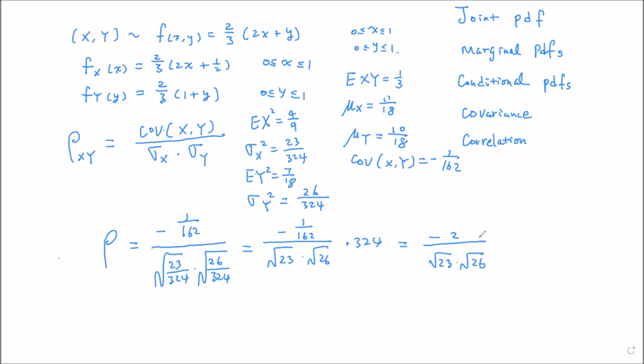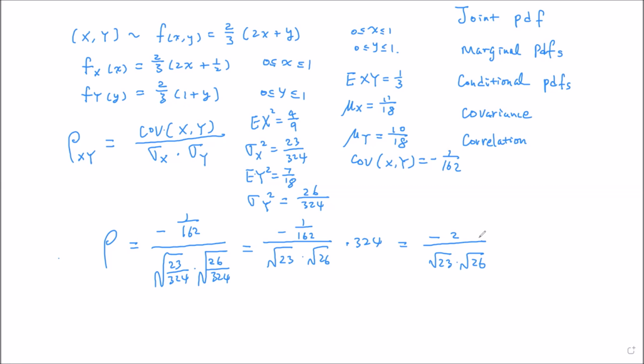I used one example to introduce these concepts. Now, in the exam, I normally don't ask people to calculate the correlation coefficient using the joint density because it takes a lot of time. But I may ask you to use certain properties to get the correlation coefficient.